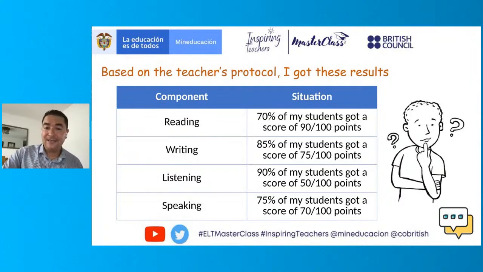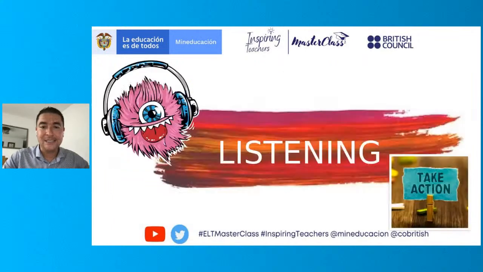In writing, 75 points out of 100. That was good. And speaking, 70 out of 100. But guess what? Based on the results that I obtained, 90% of my students obtained 50 points out of 100. It means, in other words, that the most challenging skill, according to the test that I implemented in my class, is, of course, listening, right?